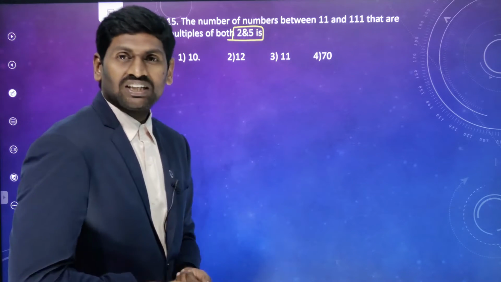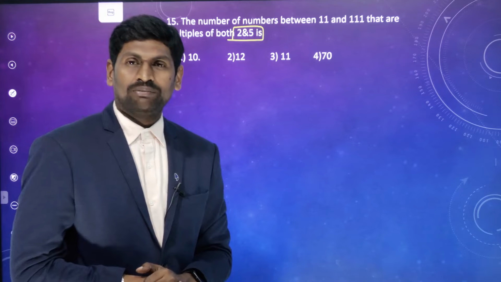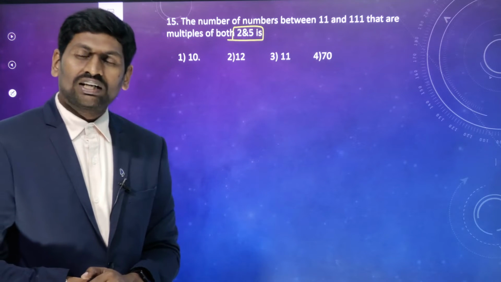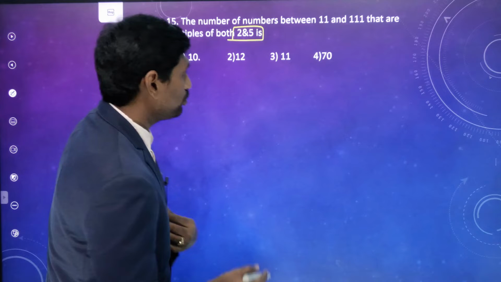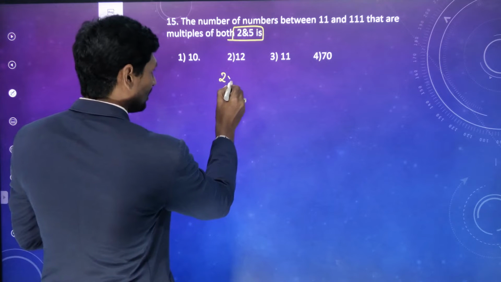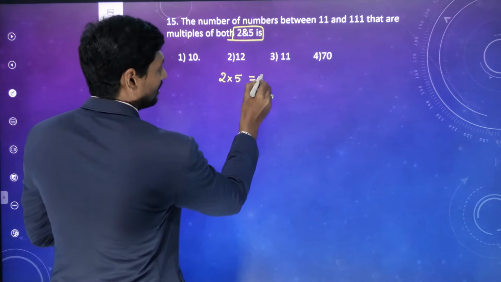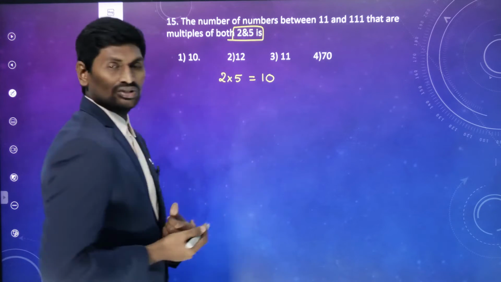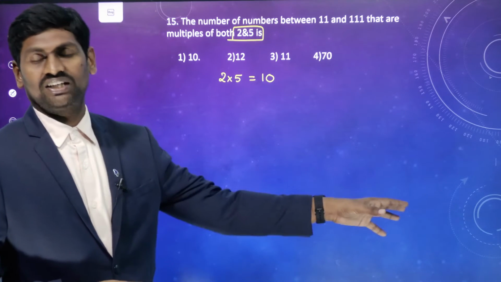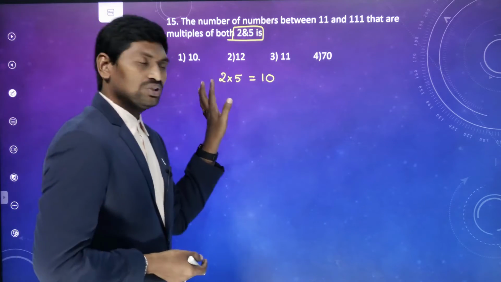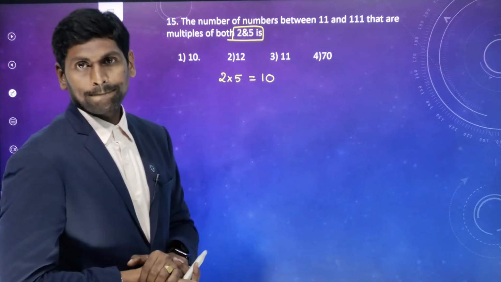Now you are observing that 2 and 5 both are prime numbers, so the numbers divisible by both are only the multiples of 10. 2 5s are 10. So instead of checking both 2 factors and 5 factors, we can check only the factors of 10.